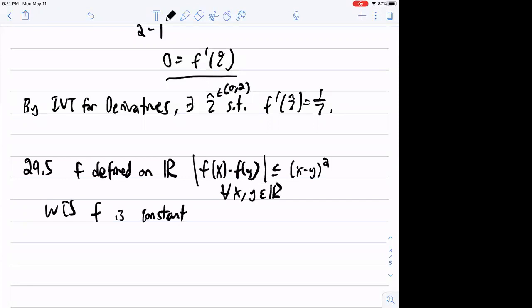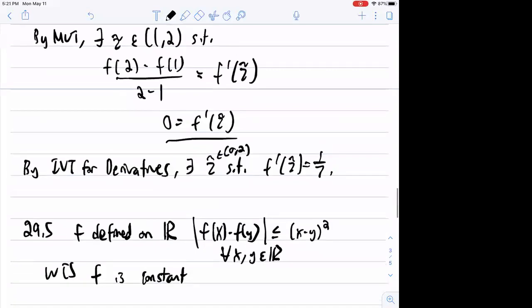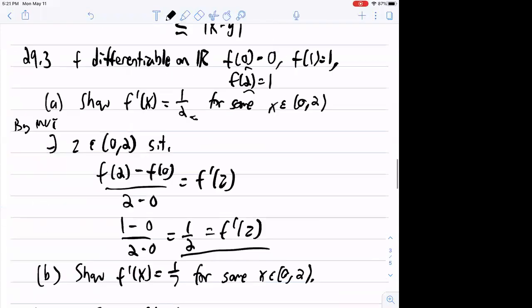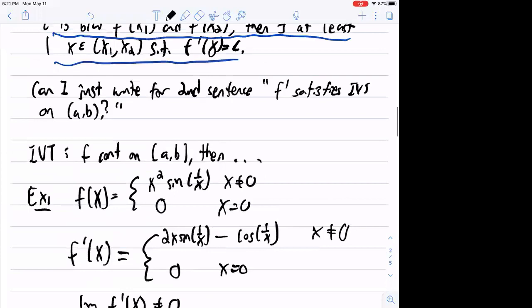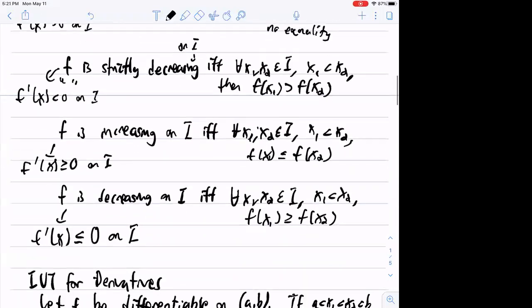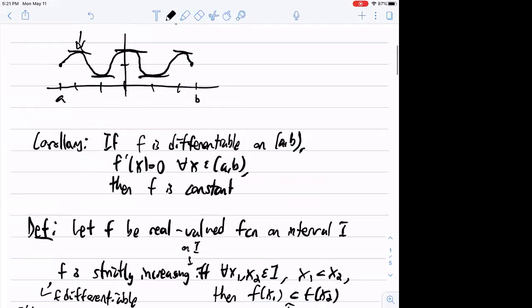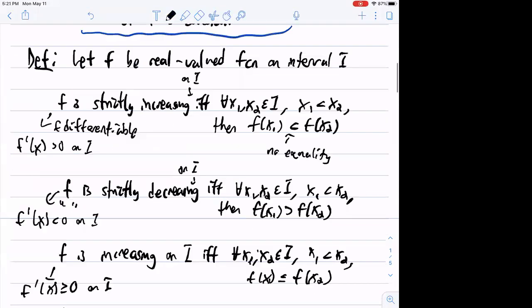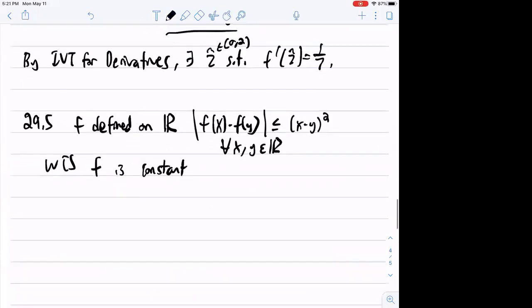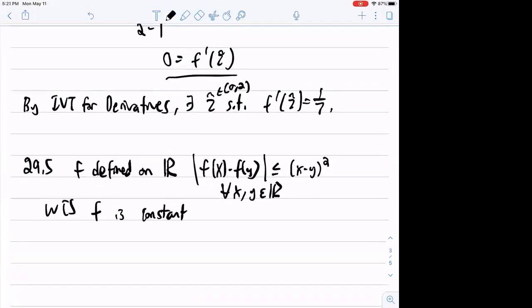So how do I show something's constant, right? If we go back, I need to show that my derivative is 0, right? Right here, the corollary, this part. If the derivative is 0 on an interval, then f is constant, right? Here I want to show f is constant on all of R, which is the interval negative infinity to infinity, which is still an interval.